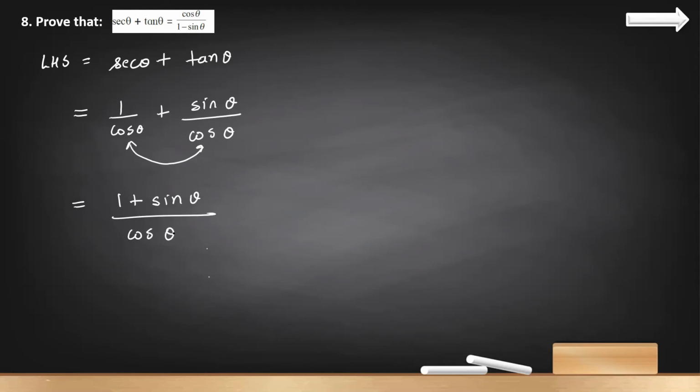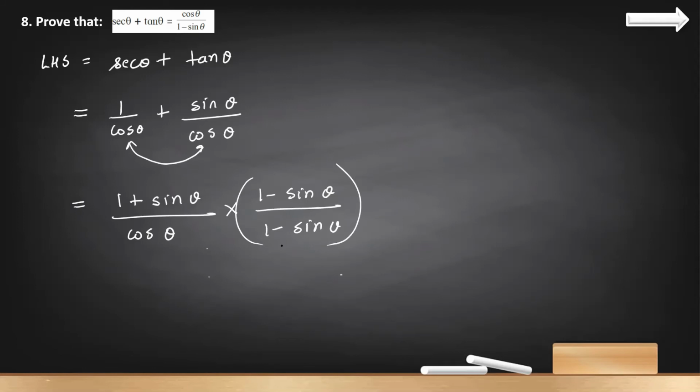Okay. Now, how do we convert this into the cos theta upon 1 minus sin theta? How do we do that? For this, we have to again multiply by the rationalizing factor, 1 minus sin theta whole upon 1 minus sin theta. So if we multiply, we are going to get a square minus b square, 1 minus sin square, cos square, and then cos will cancel.